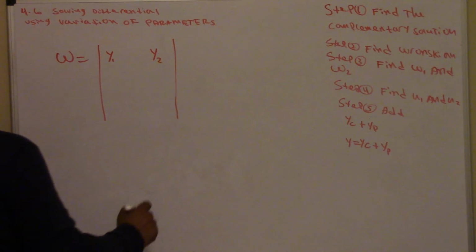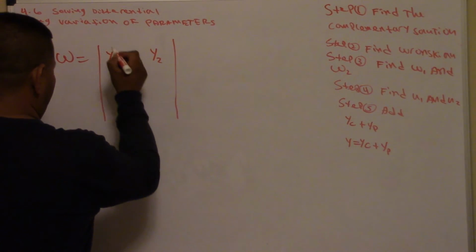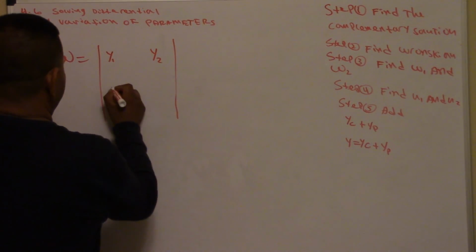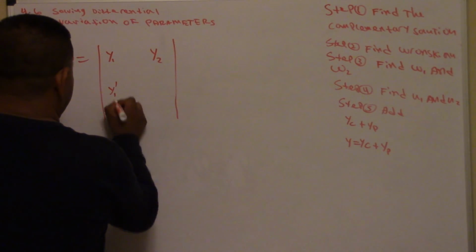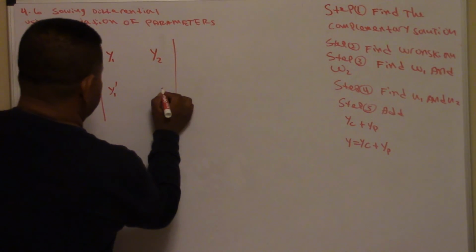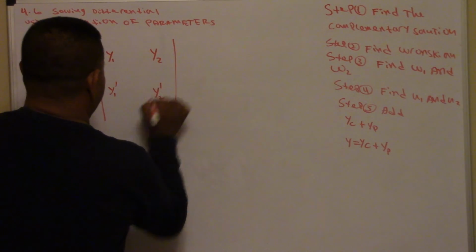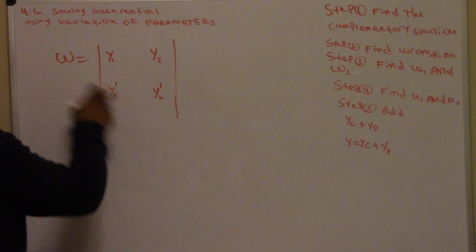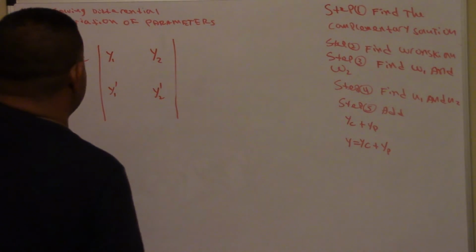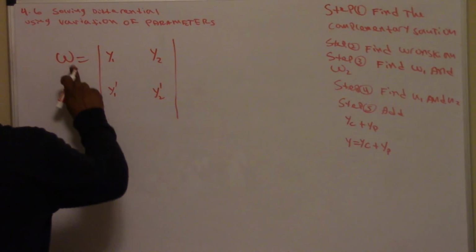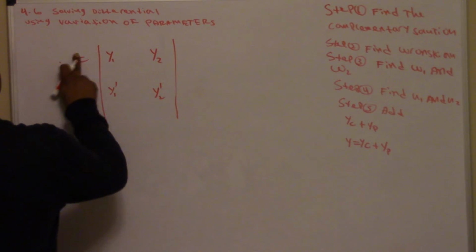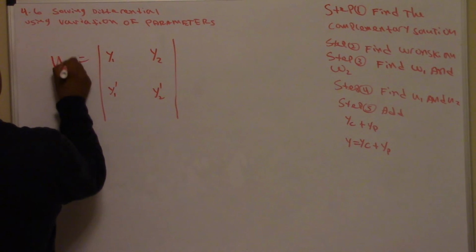In other words, the derivative of y1 is y1 prime, and the derivative of y2 is y2 prime. So that's going to be the Wronskian.